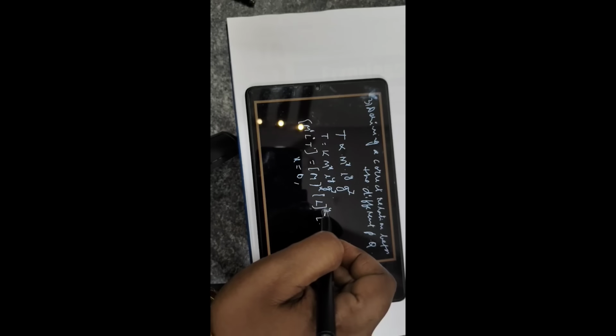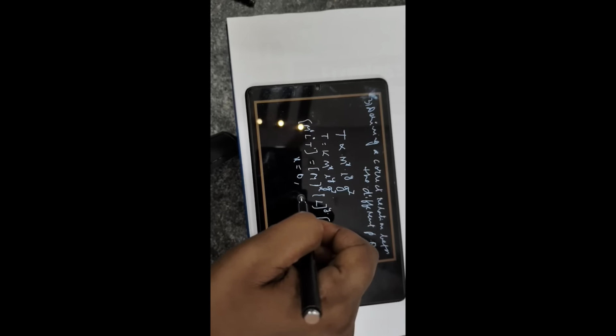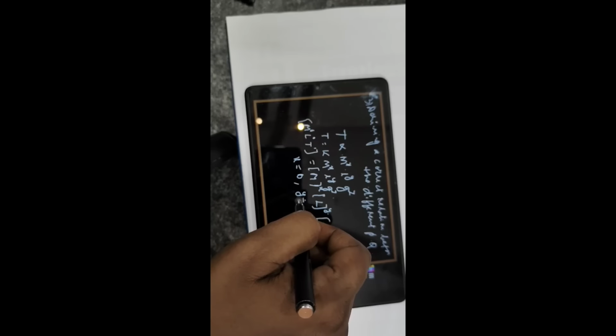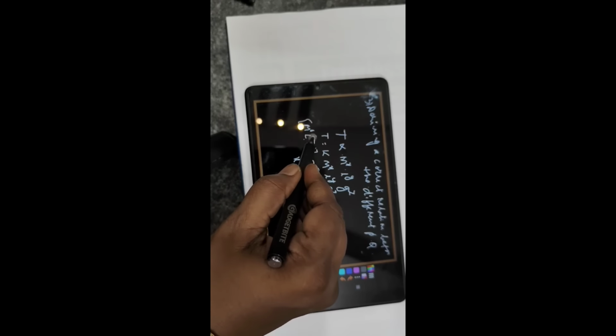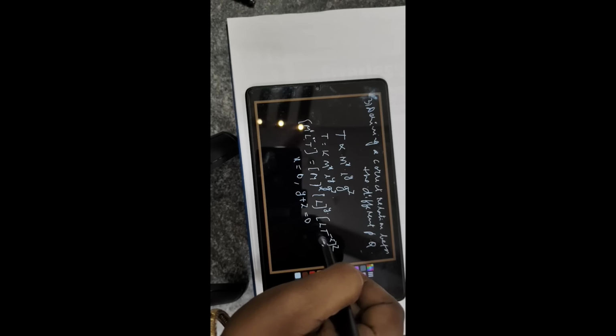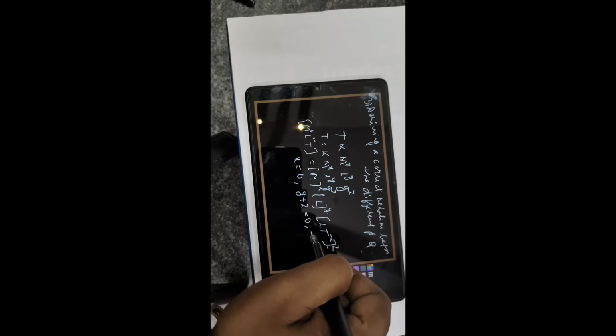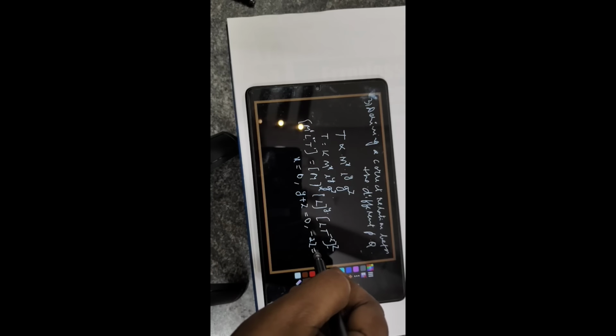Then length: you can see here l raised to y and l raised to z, so we'll take the powers only. y plus z is equal to 0, since here l is 0. Then time: here it is minus 2z, which is equal to 1.